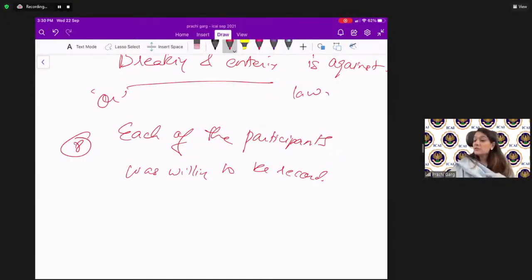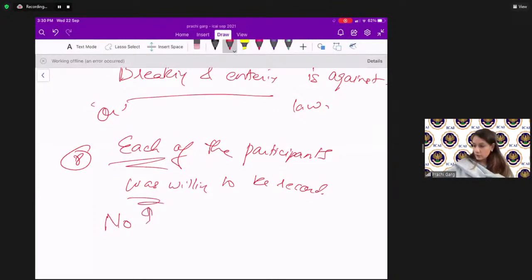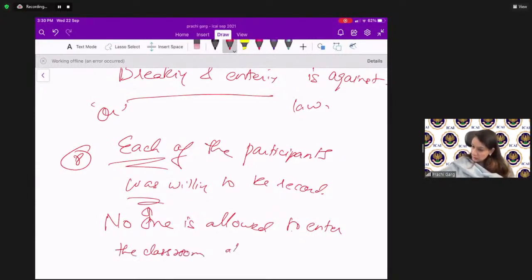Okay, each of the participants was willing to be recorded. So each and was. Am I clear? Yes. Next, no. No one is allowed to enter the classroom after 2.